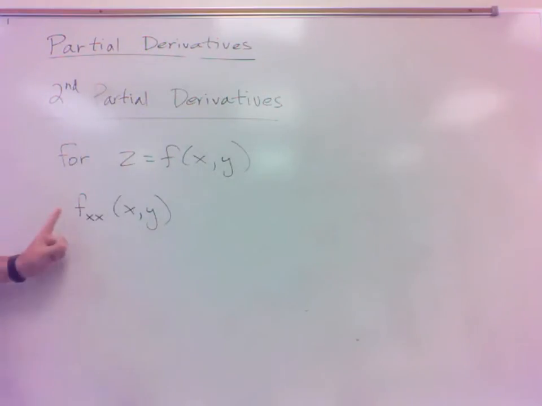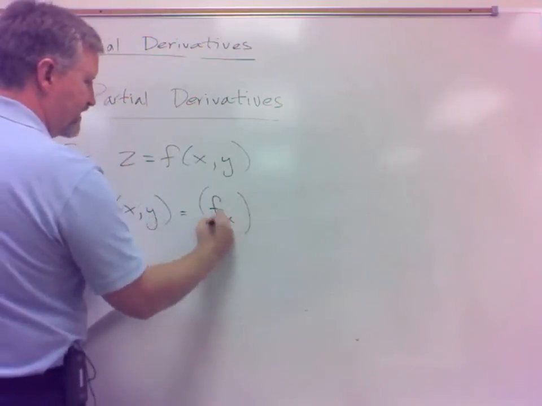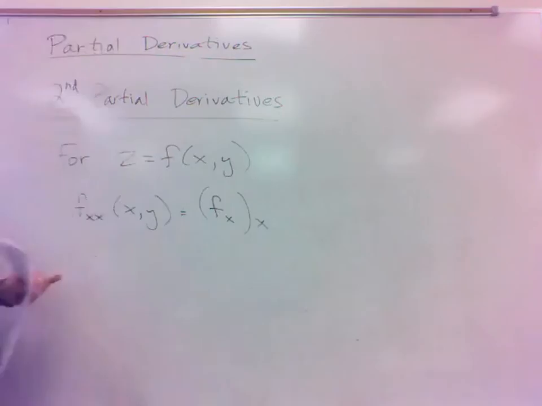The second derivative, there's going to be four of them, because this one, f partial with respect to x, twice, is the partial with respect to x, then done again, the partial with respect to x.